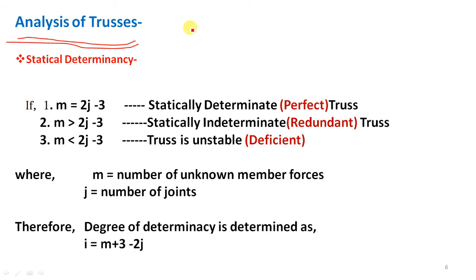There are three different types of trusses. The statical determinacy of the truss can be checked by the formula m = 2j - 3. When m = 2j - 3, that truss is known as a perfect truss, where m is the number of members.